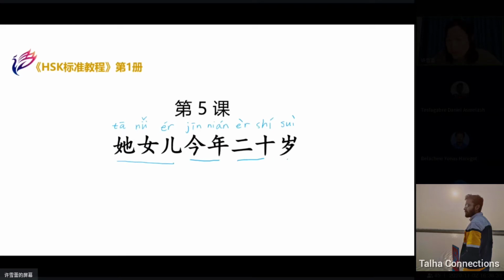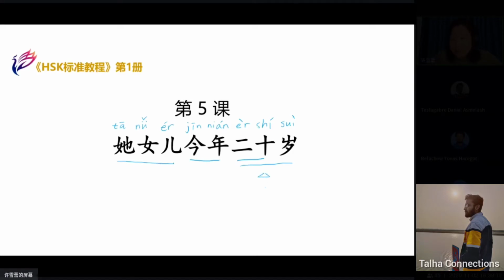20岁 is used to talk about age, one's age. So 20岁 means 20 years old. 他女儿今年20岁。Her daughter is 20 years old this year. Yeah, this year. 今年. Okay, so you may guess.